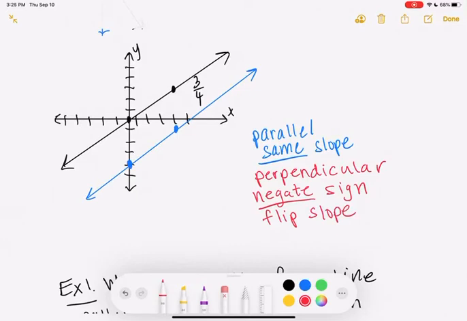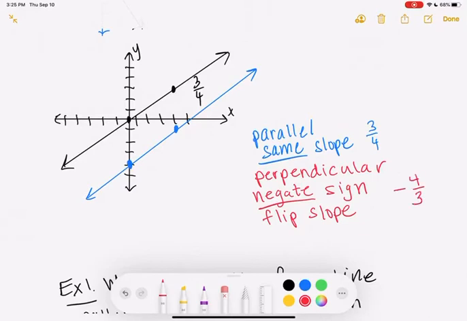Negate means if it's positive, make it negative. If it's negative, make it positive. So you do the opposite sign, and then you flip that slope. In our parallel, it was the same, 3/4. Now, in our perpendicular slope, we're going to make it negative, and we have to flip it. So it's not 3/4 anymore.